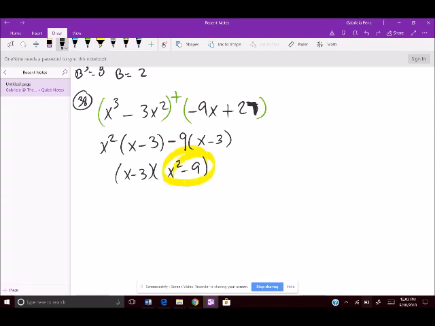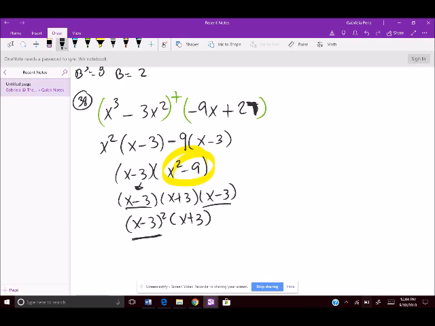The difference of squares. So this stays x minus 3, x plus 3, x minus 3. Please don't forget to bring down the thing that you don't use. It's still part of the equation. Now, if you wanted to rewrite this as this, it's okay. I don't know how it's going to be in your answer choices, but there's 2 x minus 3s. That's why they did that. So it's a possibility.